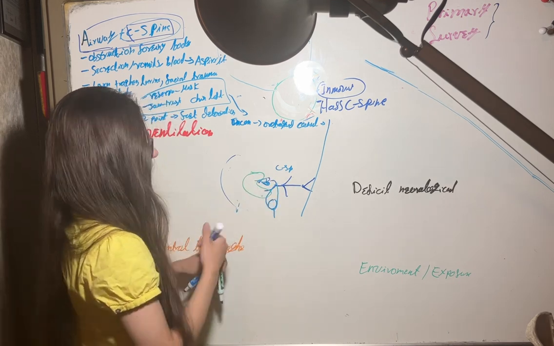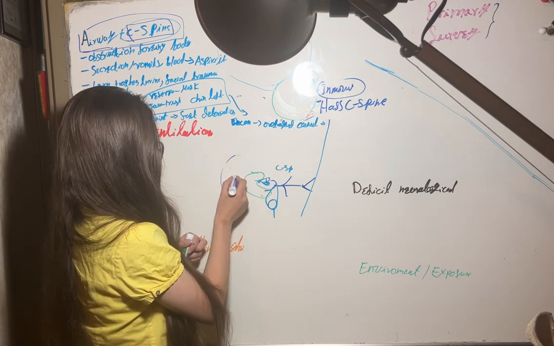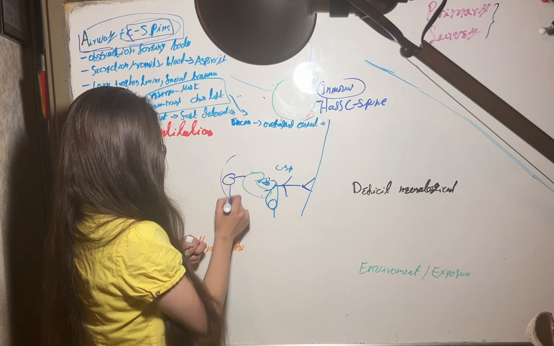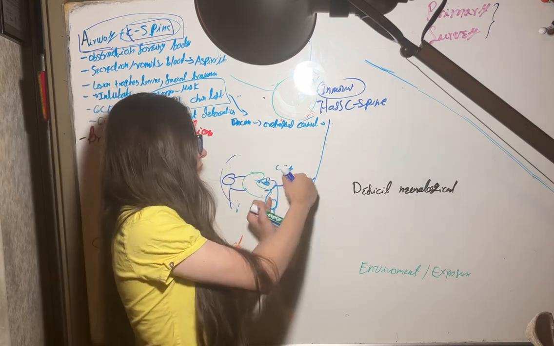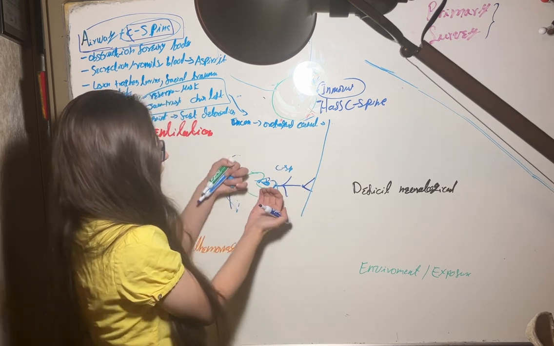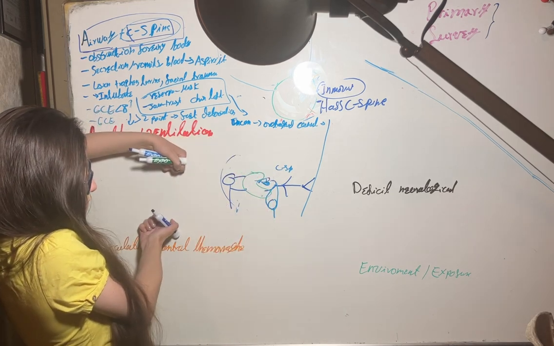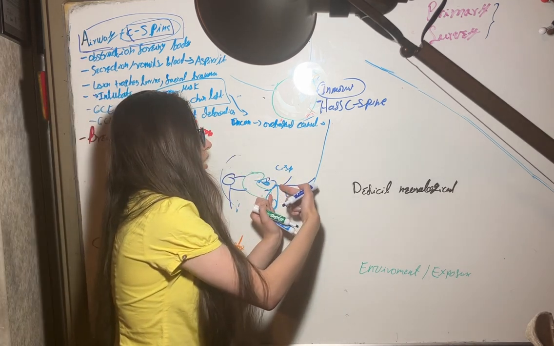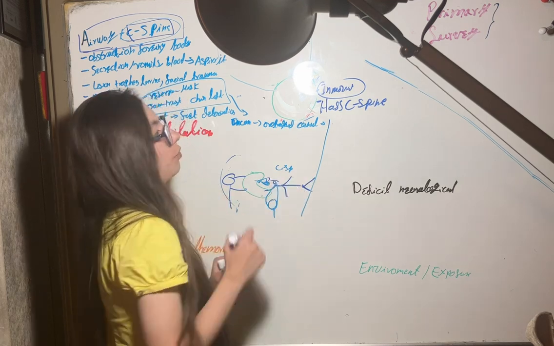So we need two clinicians to take it away. One clinician is taking it away, while the other is maintaining immobilization of the cervical spine. So here we need to open it in order to pull it, and this one is immobilizing the cervical spine and maintaining or sustaining the head of the patient.